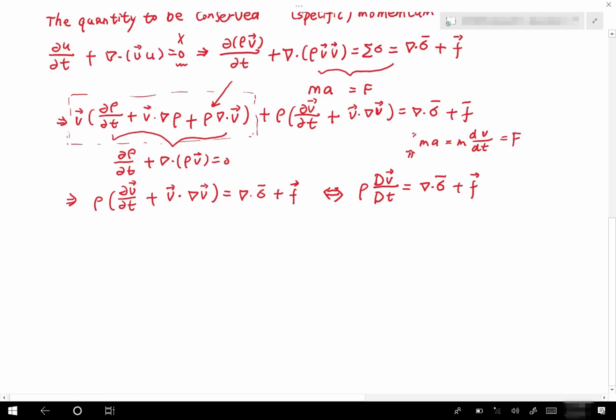So this is what we learned in high school, and this is what we are doing today. And this type of D, so D is a new operator, a combination of these two. And this operator is called a material derivative.